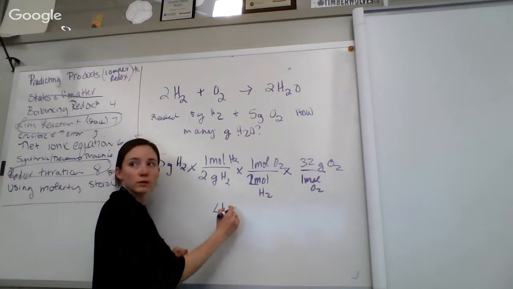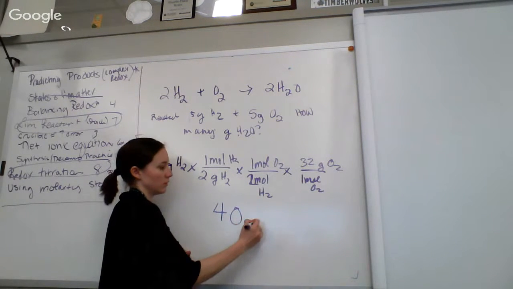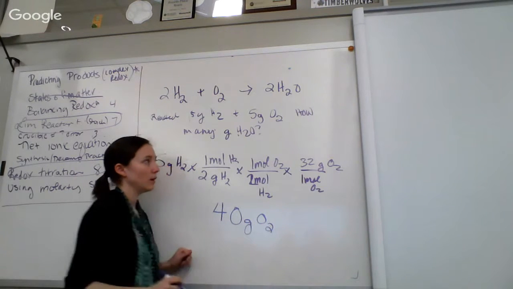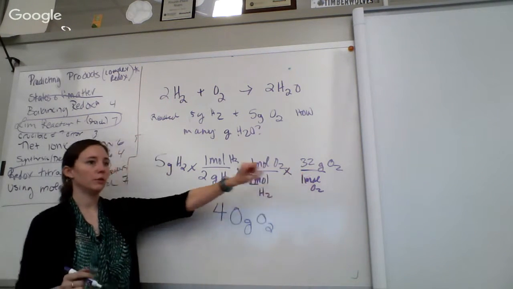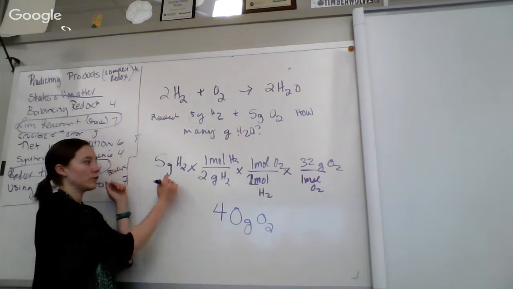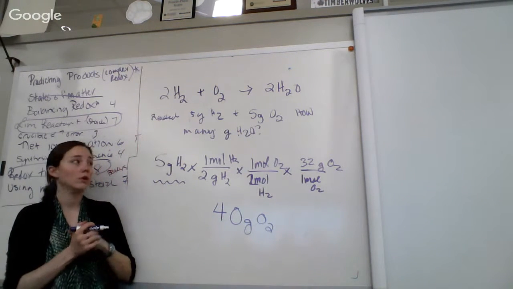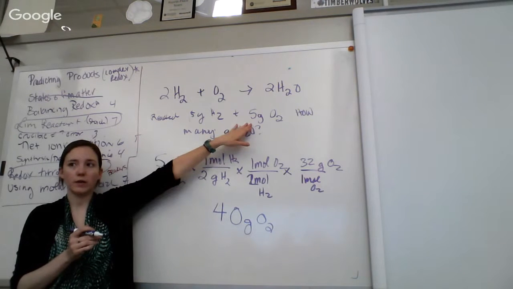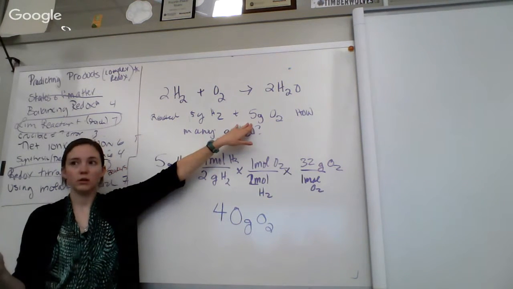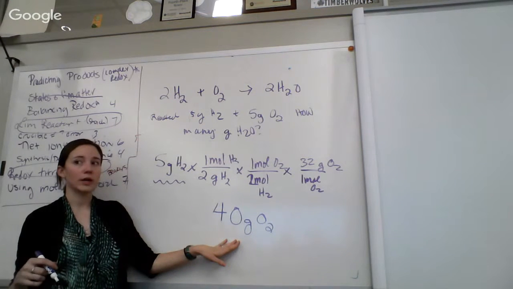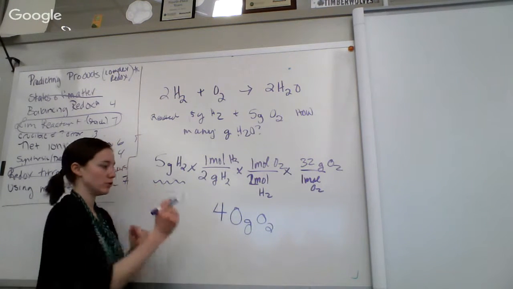40. Okay, so 40 grams of oxygen is how much oxygen it would take to react with 5 grams of H2. Do I have 40 grams of oxygen? So which one is going to run out first? My oxygen. So my limiting reactant would be oxygen.